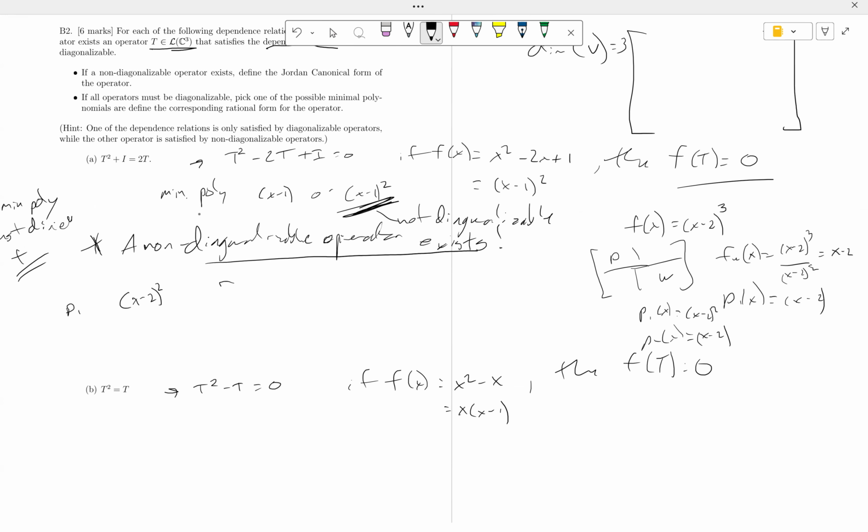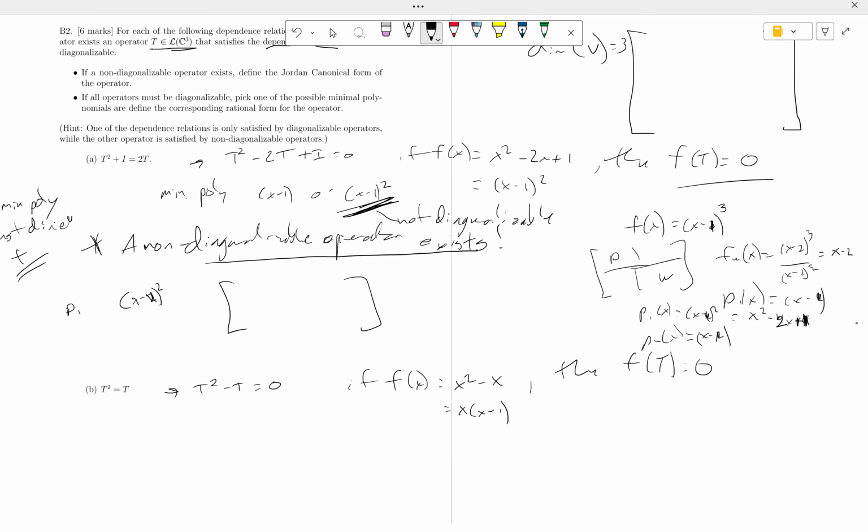And I build the rational form for that. Well, I need to expand x minus 1 squared. Sorry, this should be 1s everywhere. So it's x squared minus 2x plus 1.